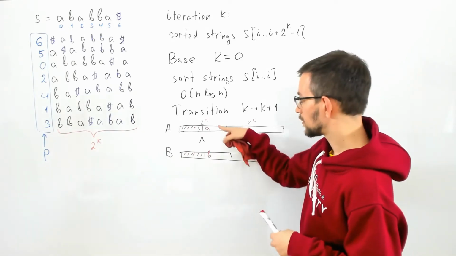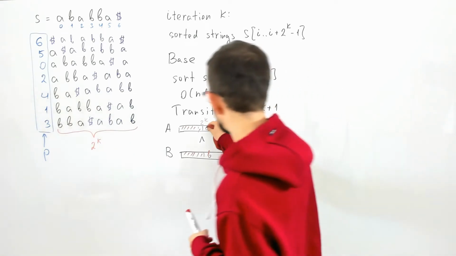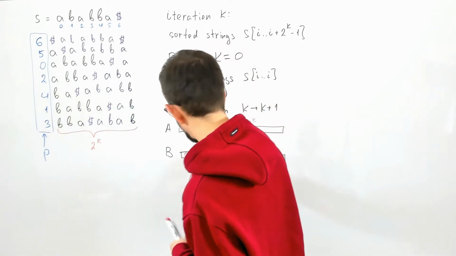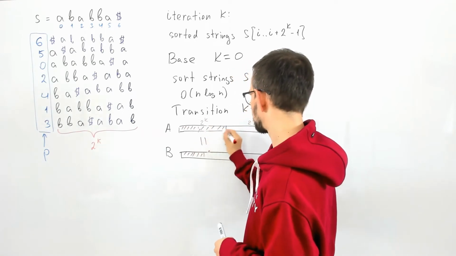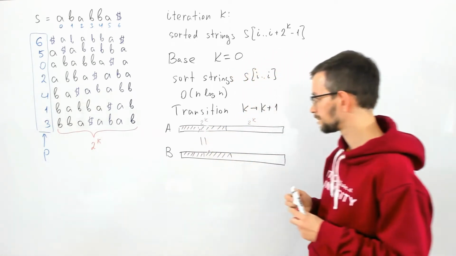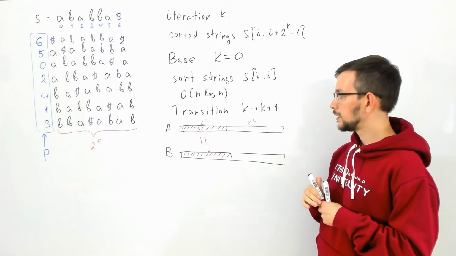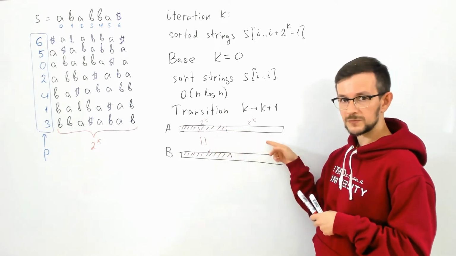Now, if the left parts are equal, so if the left part of A equals the left part of B, we need to compare the right parts of the strings.